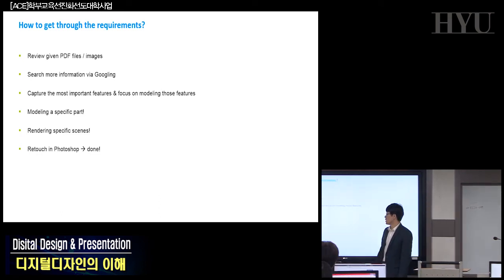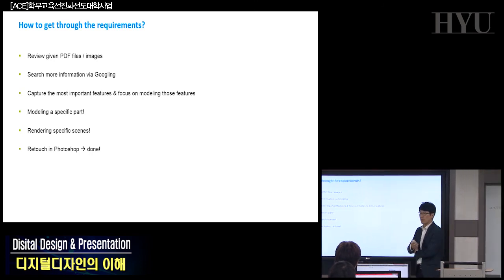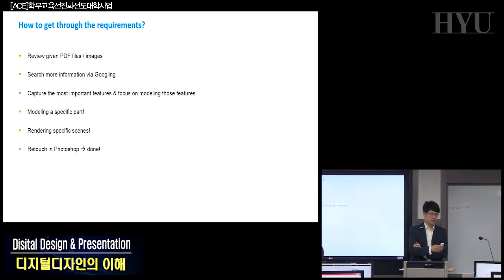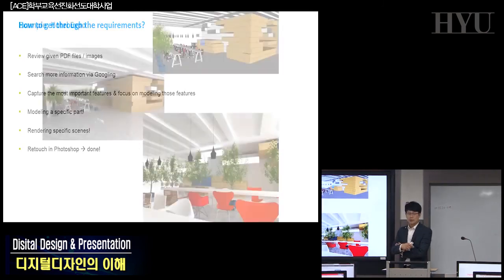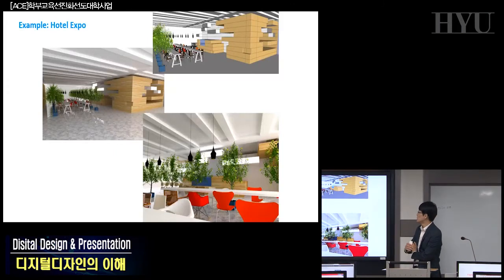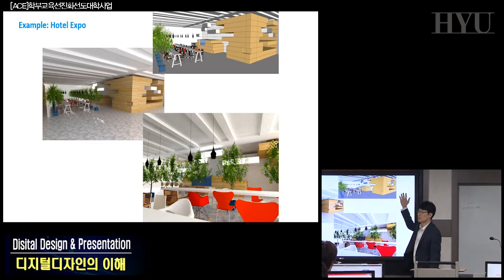Finally, you have to generate a bunch of rendering images or screenshots. They should be additionally retouched by using Photoshop or some more tools. Here I show you some examples. This is the Hotel Expo example. 3D geometric modeling by using SketchUp.